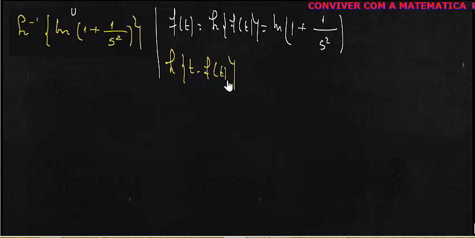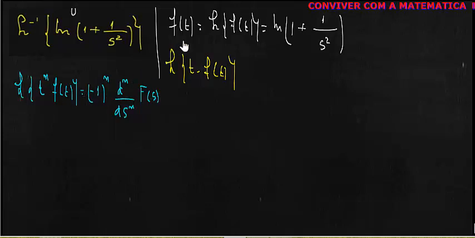And for this case there is a property. As you know, the Laplace transform of t to the n times f of t equals minus 1 to the n, times the derivative of order n with respect to s of F of s, where F of s is the Laplace transform of f of t.